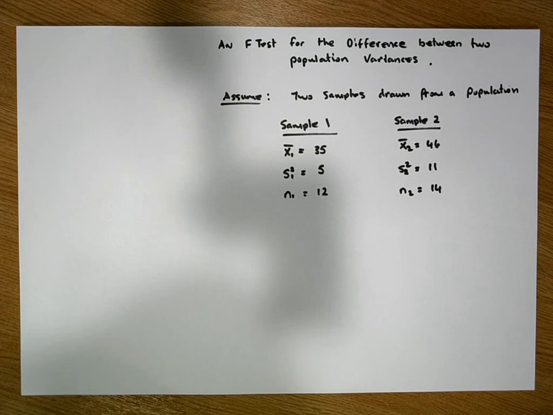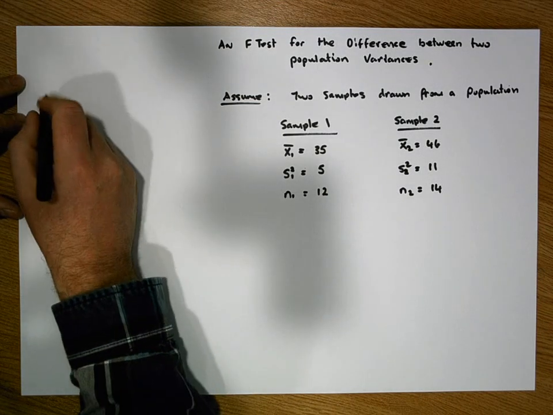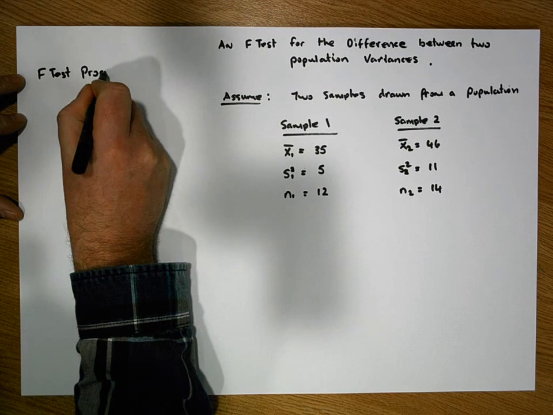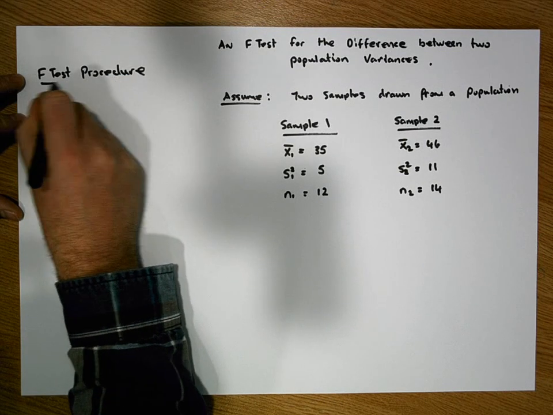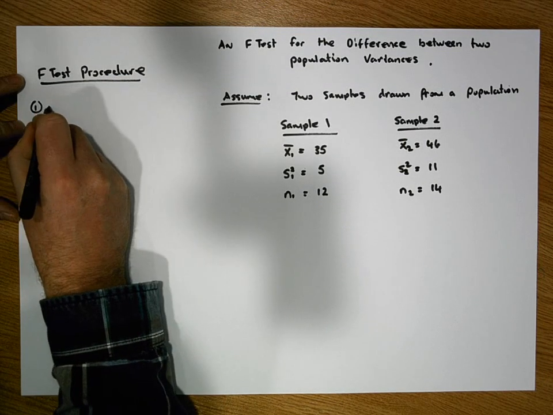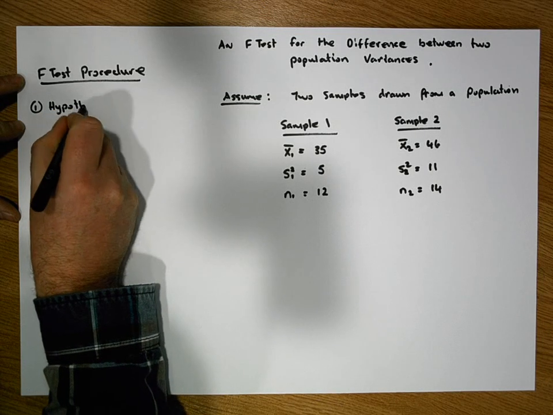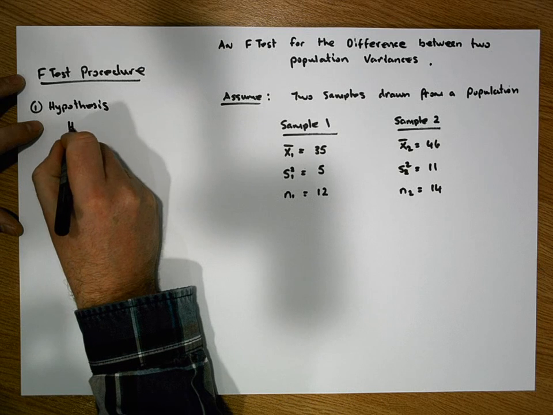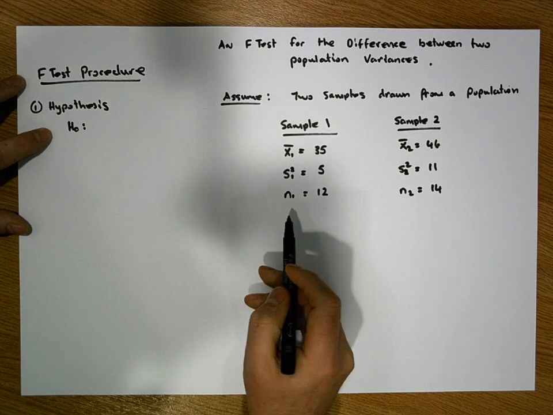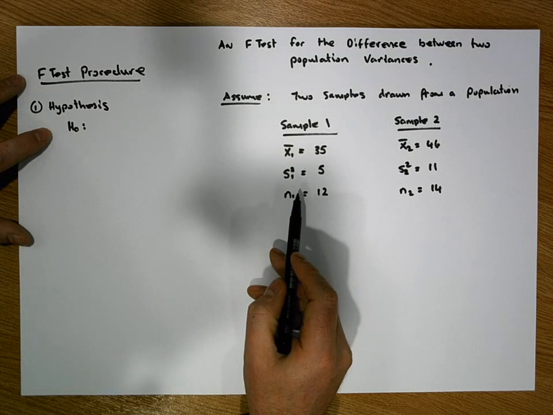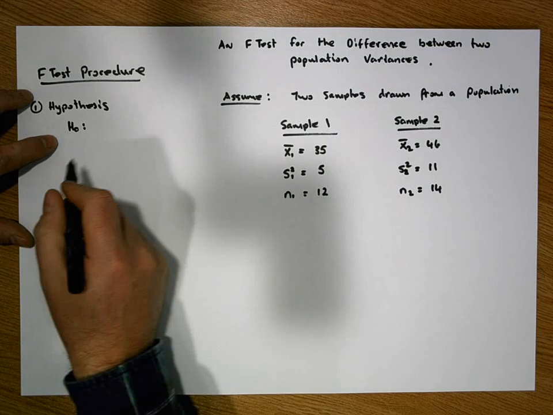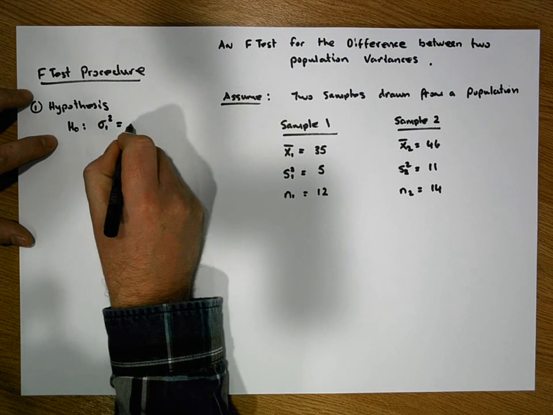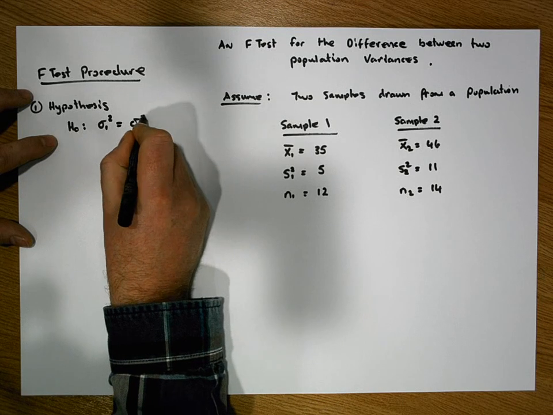So the F-test procedure, once again, is a 5-step procedure. Step 1, we define the hypothesis. The hypothesis is a statement about the population parameters. In this case, the null hypothesis is that the samples have been drawn from populations that have equal population variances, in other words, that the variance of sample 1 is equal to the variance of sample 2.